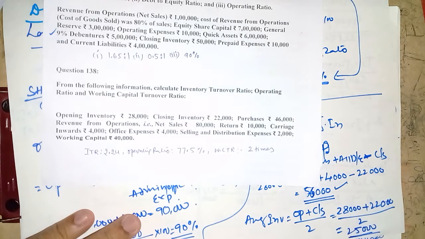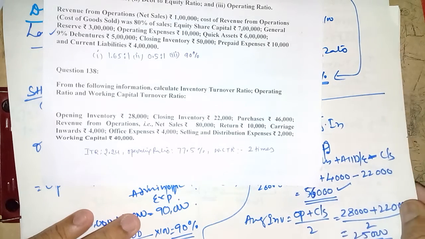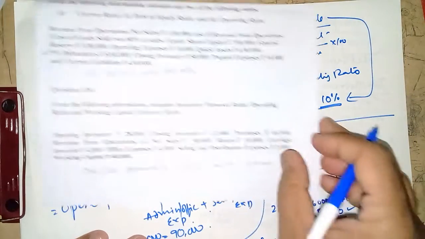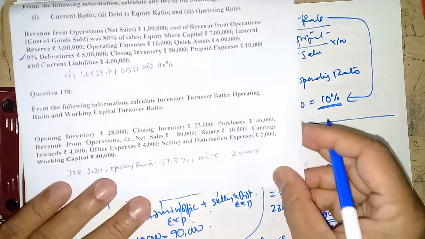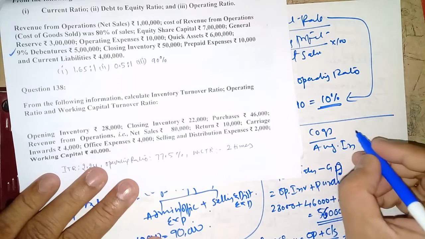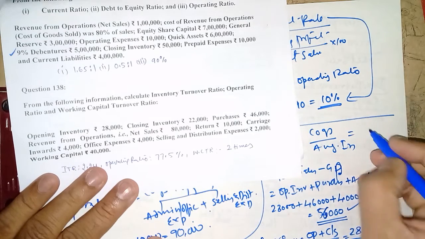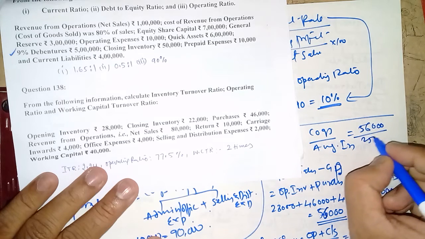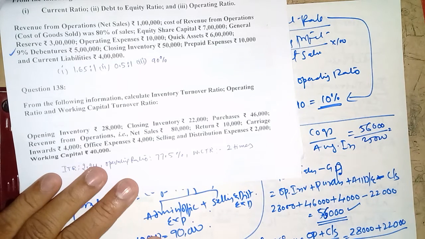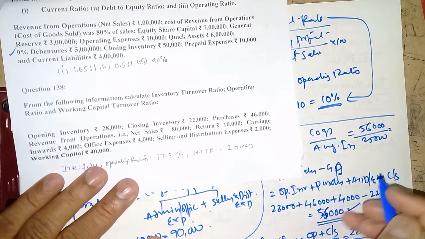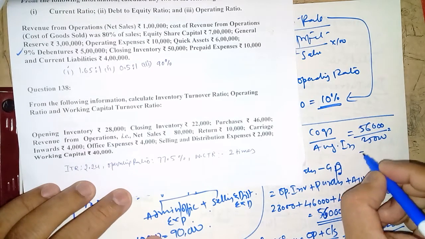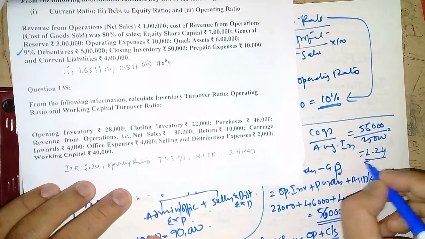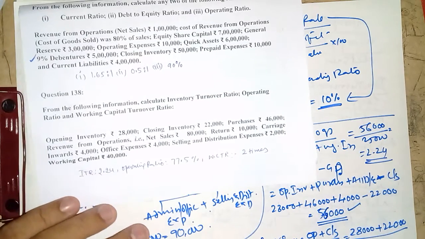So 25,000 is our average inventory. Then apply the formula: COGS by average inventory. COGS we have calculated just now, 56,000 divided by 25,000, so 56 divided by 25 is equal to 2.24. That is our answer, right?